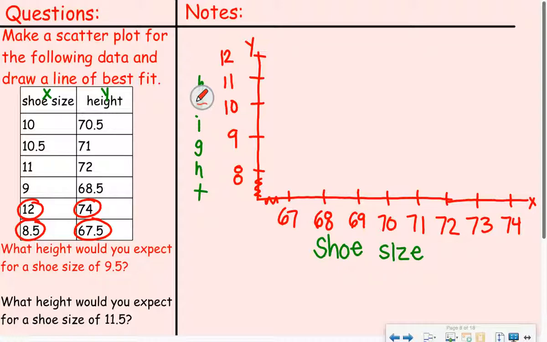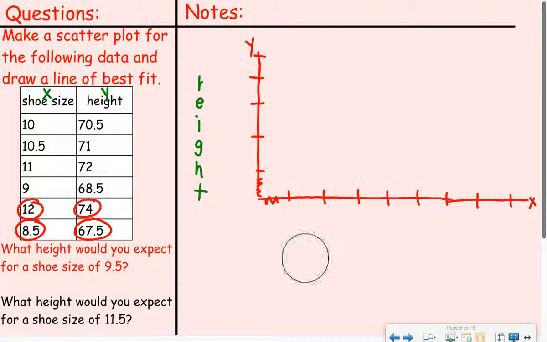All right, now we're going to plot those points. So 10, oh, I just realized I wrote this wrong. Okay, so I'm going to try to fix this really quick here. I was putting the wrong numbers on the wrong axis.